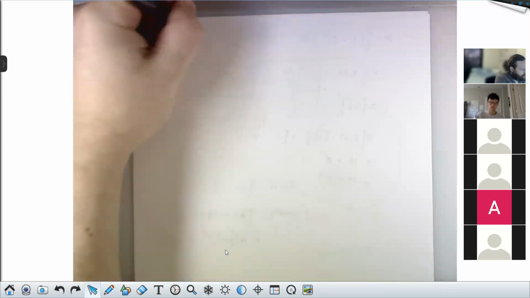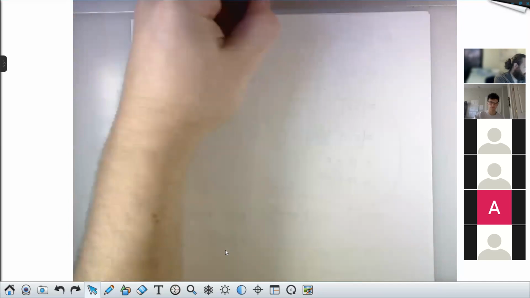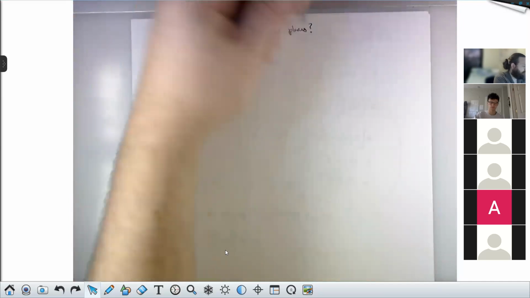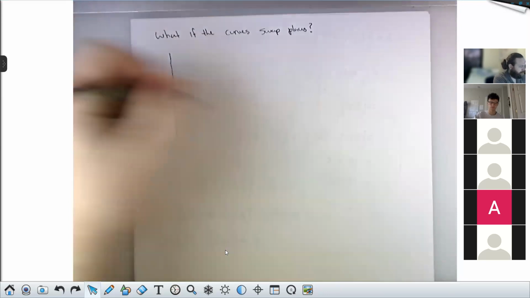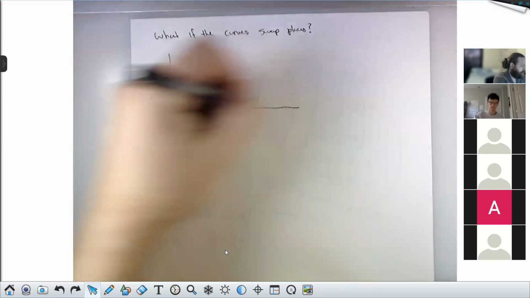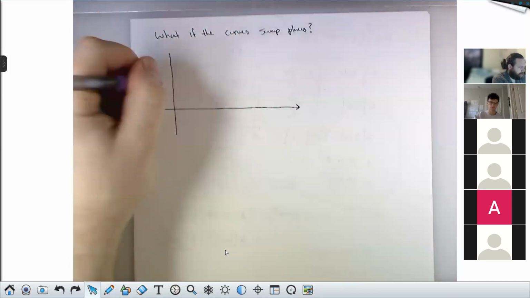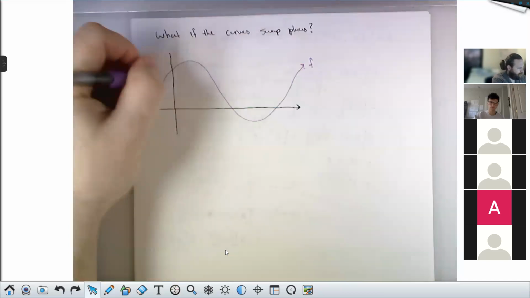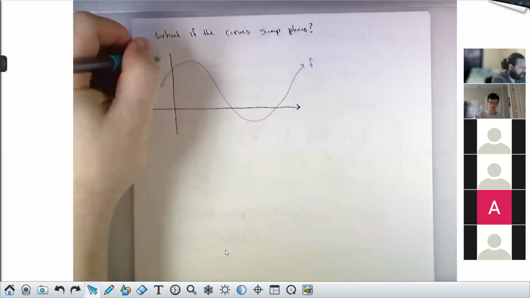What if the curves swap places? So maybe sometimes f is the upper curve, and other times g is the upper curve.